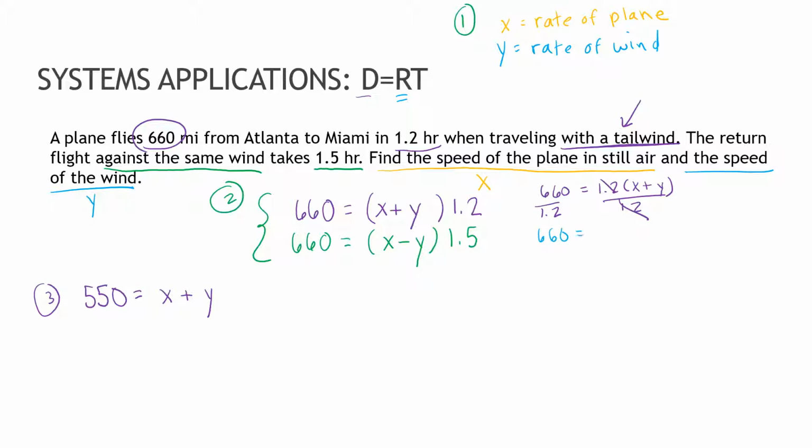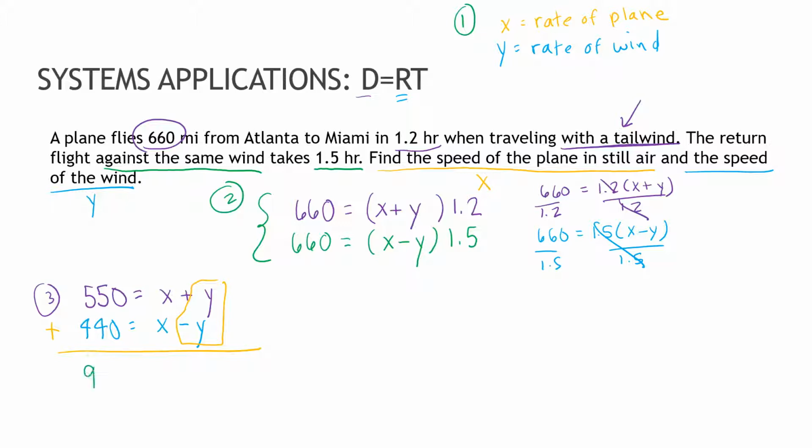If I have that 660 equals 1.5 times (x minus y), and I divide by 1.5, 660 divided by 1.5 gives me 440. And then what's left on the other side? x minus y. So why does that bring so much joy to my heart? Because I can use elimination right now, because these are the same number with opposite signs and they're going to cancel out.